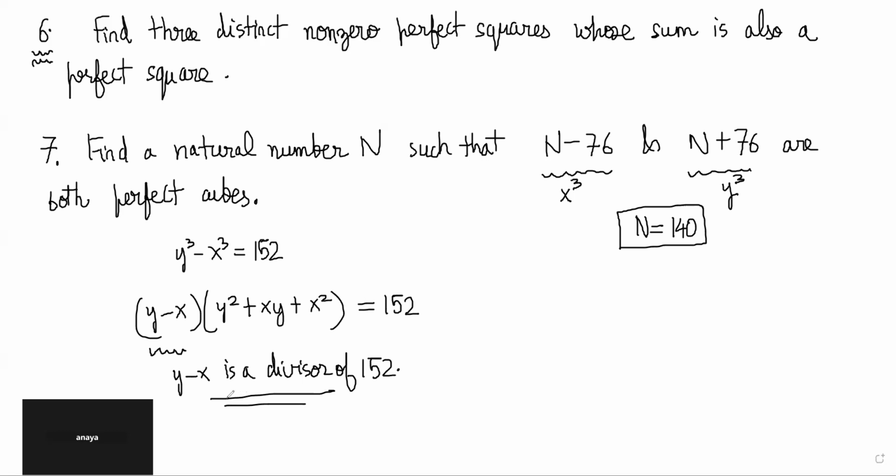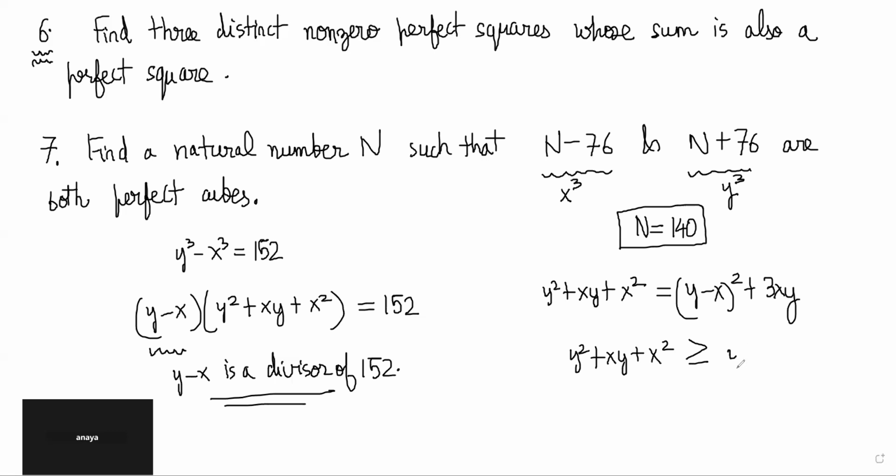Also, y square plus xy plus x square can be written as y minus x whole square plus 3xy, right? That is obvious. So y square plus xy plus x square is greater than or equal to y minus x whole square.